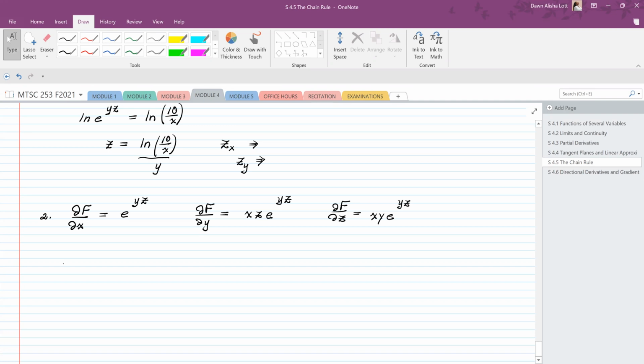So therefore, the partial of z with respect to x is minus e to the yz divided by xy e to the yz, which is minus 1 over xy.